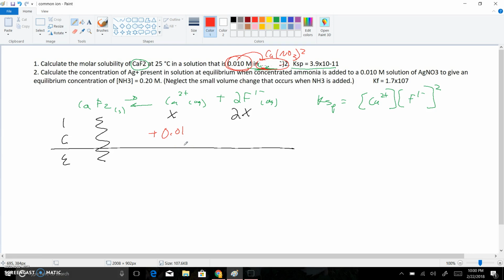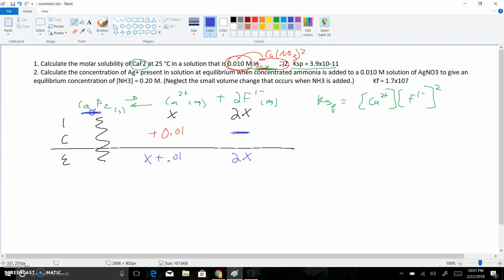Okay, so now let's find what equilibrium would be for that. If I add up the values, I get x plus 0.01. And over here, 2x. I didn't add any fluoride, so that's a moot issue. I get 2x here. What the question is saying is, what's the molar solubility of calcium fluoride? That means how many moles of calcium fluoride can you add per liter that will actually dissolve?